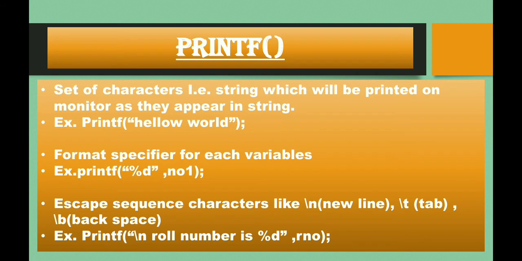The first one holds a set of characters, meaning the string that you want to display as a message to the user, and the same way it is written here, you want it displayed on the output screen. So the set of characters, that is the string, will be printed on the monitor as it appears in the string. That message you have to write down in the control string.